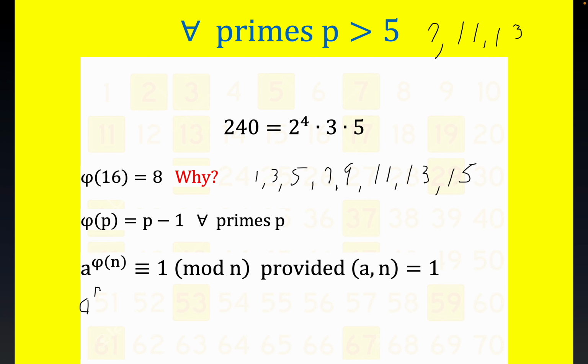But notice phi of p is equal to p minus 1, so for prime n we get this, mod p. This is often proved separately in some number theory textbooks, but it's really an immediate corollary of this broader theorem, Euler's phi function result, whatever it's called.